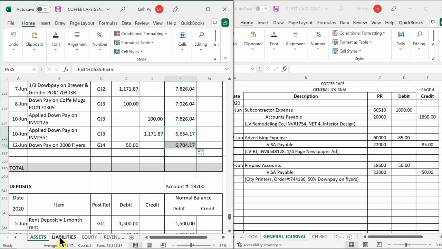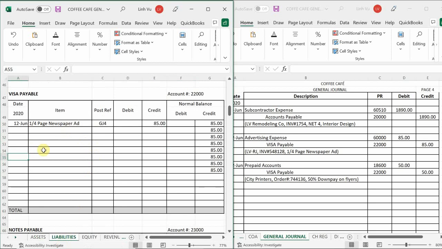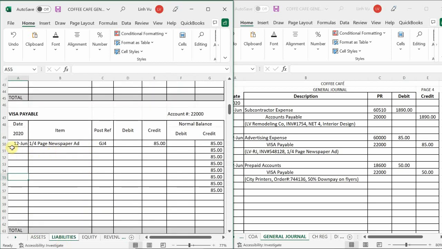Okay. And of course, we decided to charge our credit card once again for the 50% down payment.